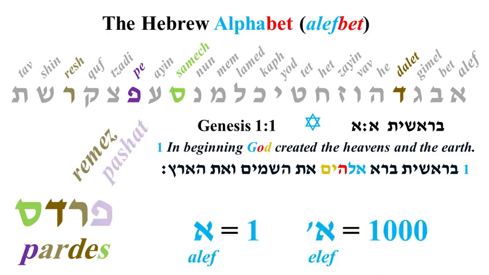Okay, let's look at the remez. Let's see what hint we can get from this verse. Well, we told you earlier that Aleph is 1, and Eleph, which is also Aleph with an apostrophe, Eleph is 1,000. Okay? Well, look at the verse. In this verse, there are 1, 2, 3, 4, 5, 6 Alephs. Yep. The first 2 Alephs are in the first and second word.